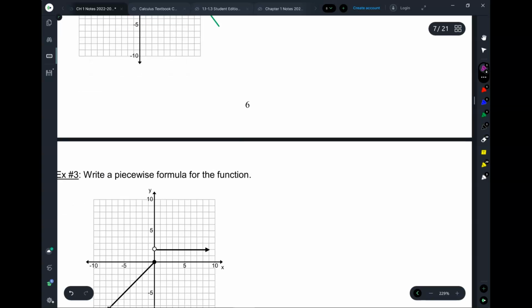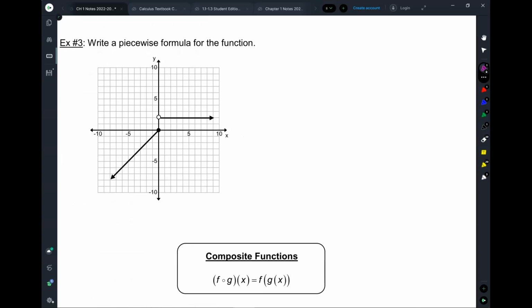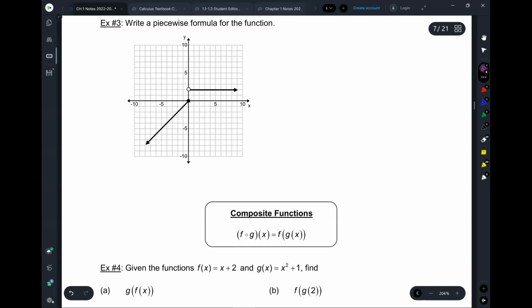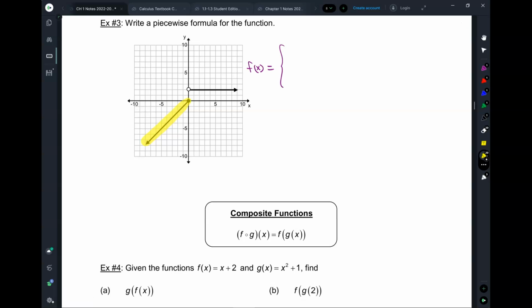Okay, last but not least, piecewise formula. Can I try? Yeah. Negative infinity. No, we need the piecewise function. So here's what you do. Okay, f of x equals this part first. What's the equation of this line? y equals mx plus b.